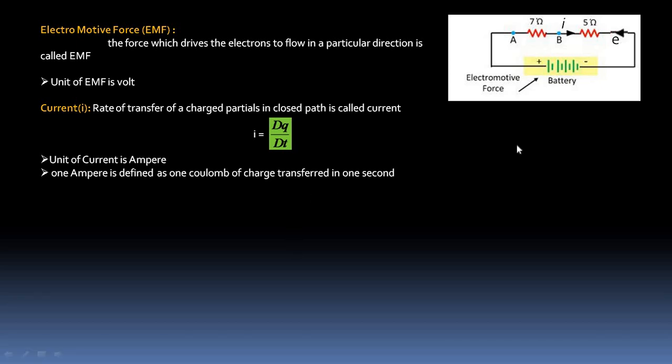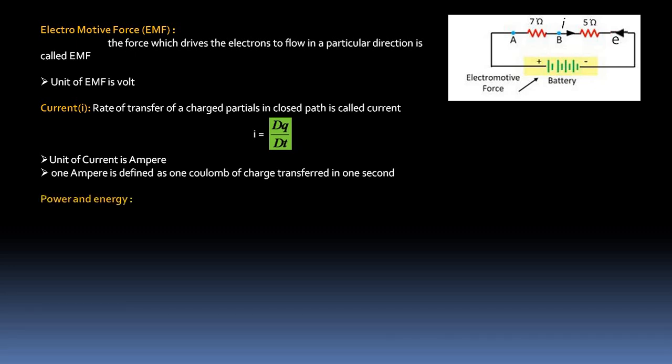Rate of transfer of charge means dq by dt, I is equal to dq by dt. The unit of current is coulomb per second, or ampere. From this equation, 1 ampere is 1 coulomb of charge transferred in 1 second.